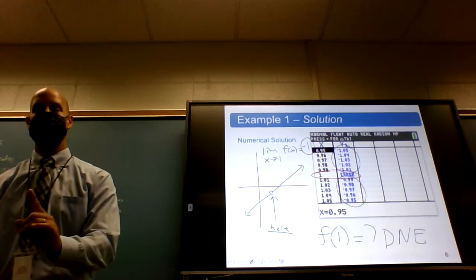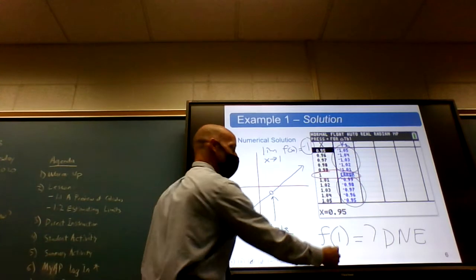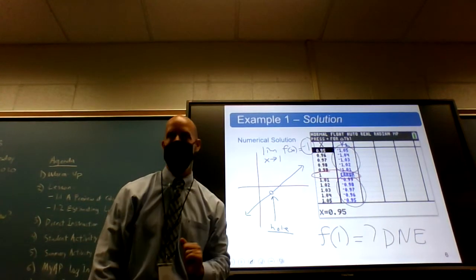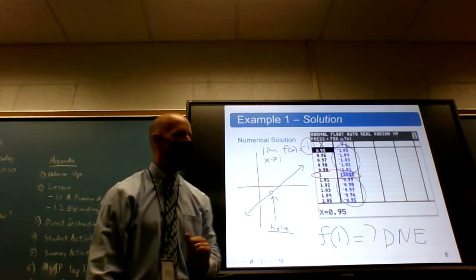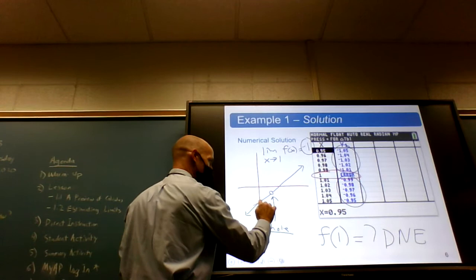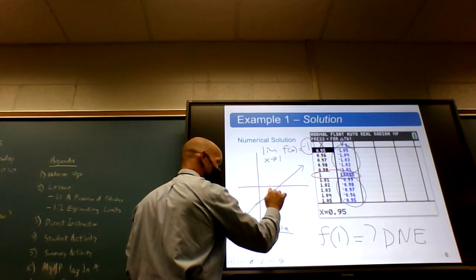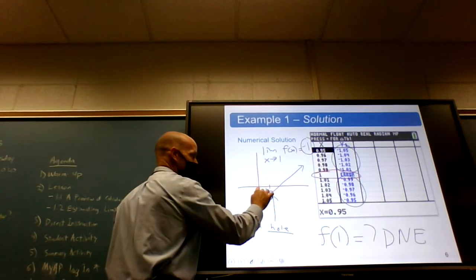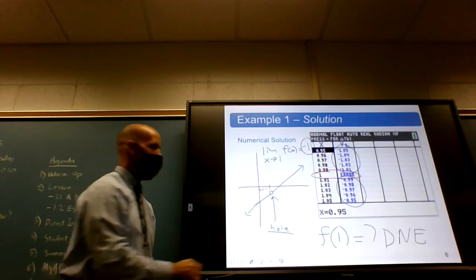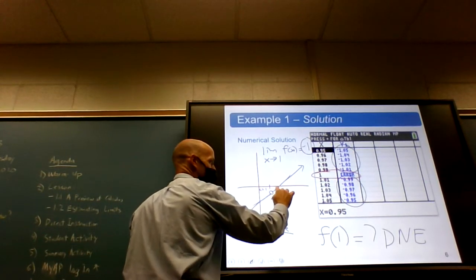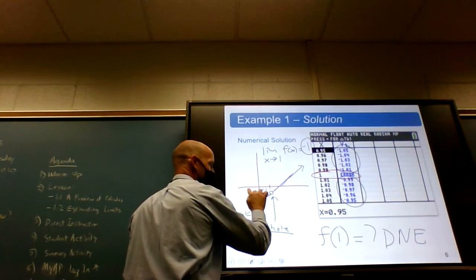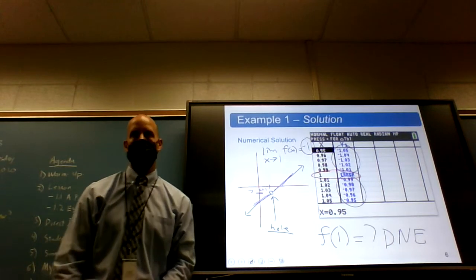So let me make sure you understand. The function didn't exist there, but the limit does. If I had ants crawling along this line going to 1, remember 1 is the x value, and I'm going to call it c, c equals 1. And if I had ants over here crawling to 1 from this side, from both sides, what y value do they appear to be going to?